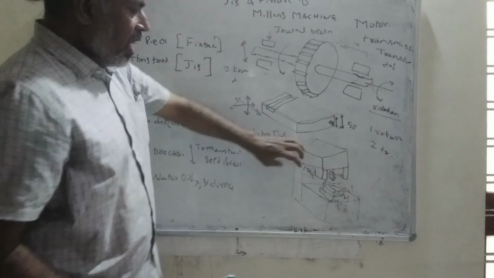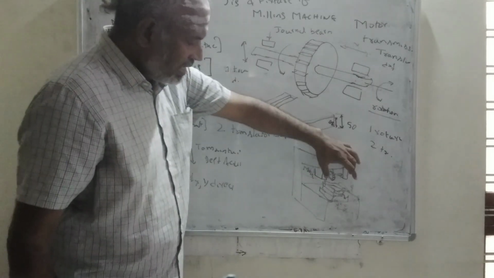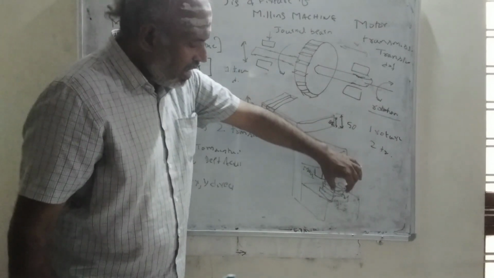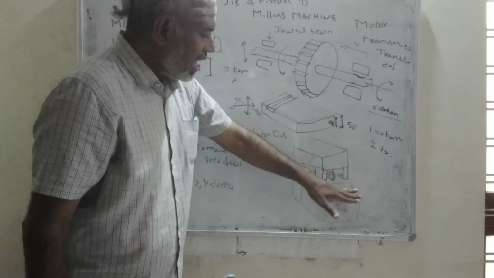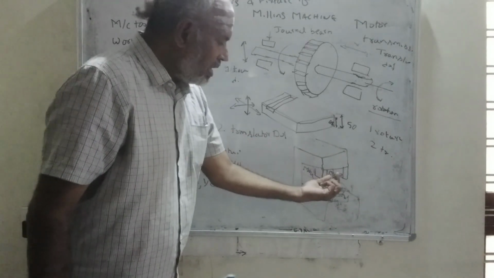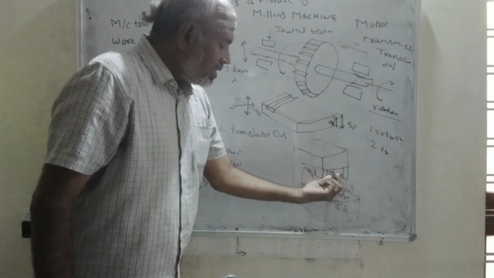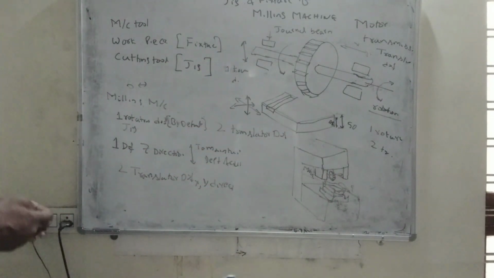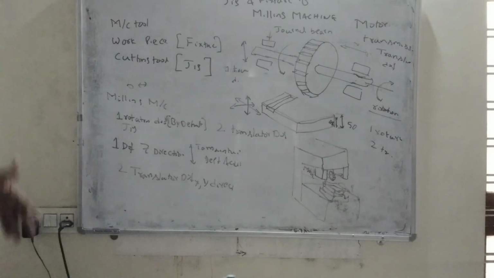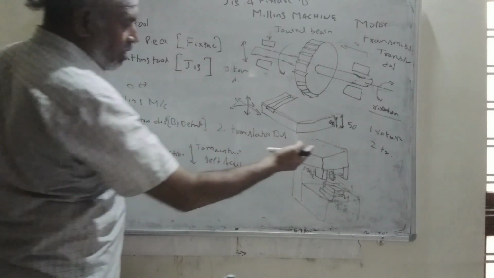Here you have a motor, a jig which holds the gear cutter, and a fixture which is holding the workpiece. This fixture will have X, Y, Z motions, and the gear cutter will have only Z direction motion. To design a milling machine, all these things should be there.